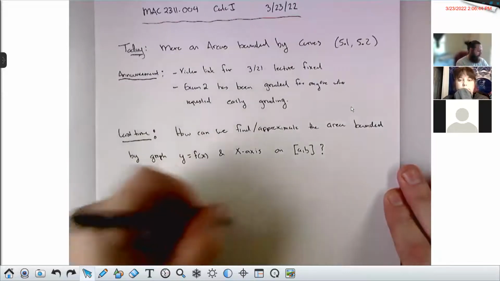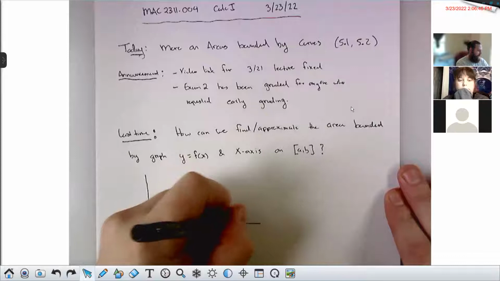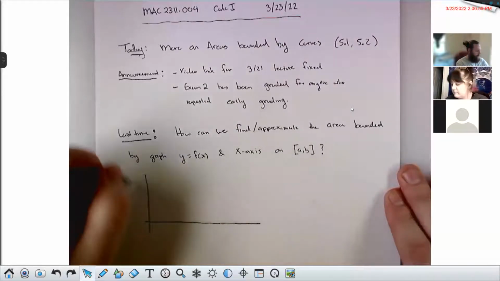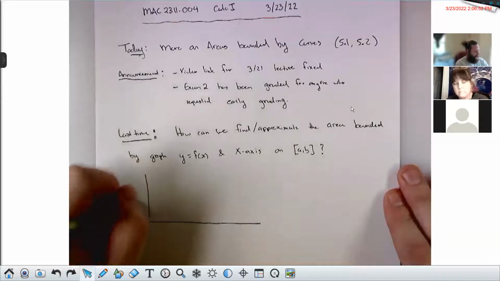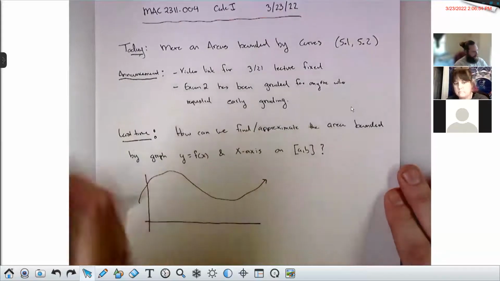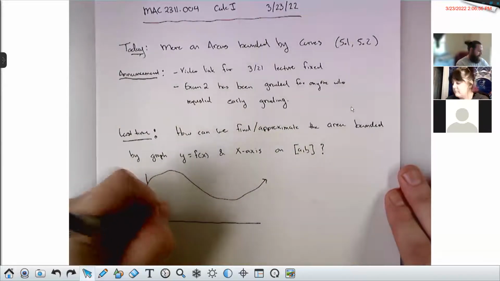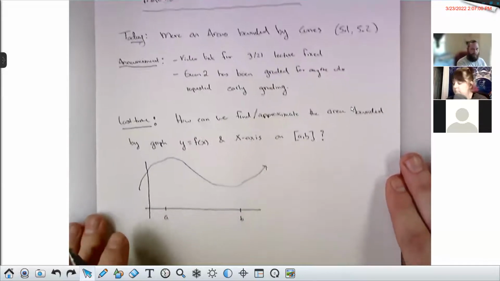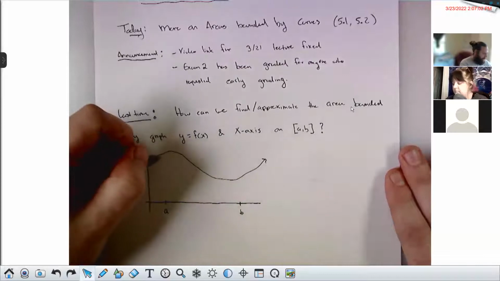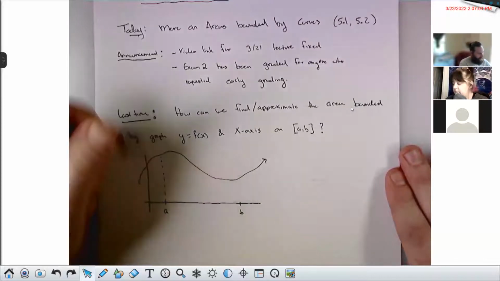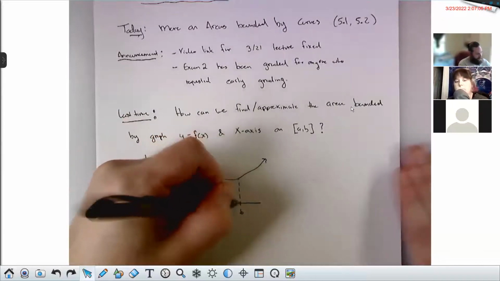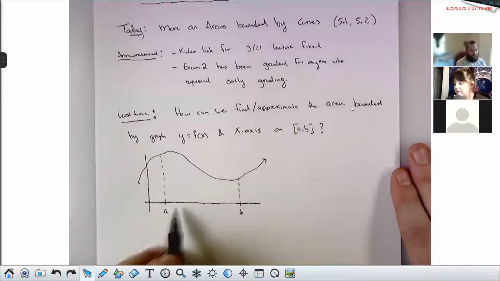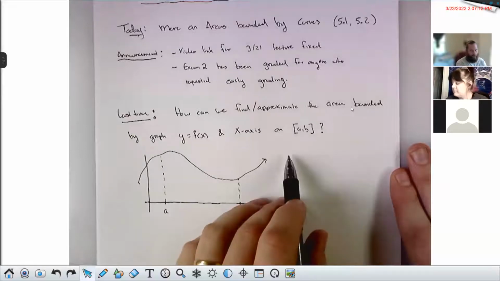And what I described last time was a mechanism for approximating that area, the area bounded by this curve and the x-axis on the interval from a to b.